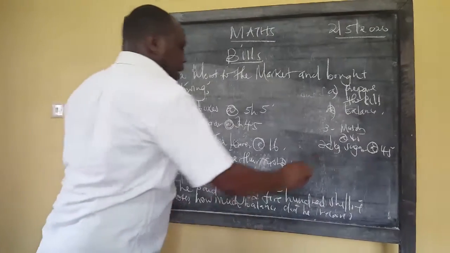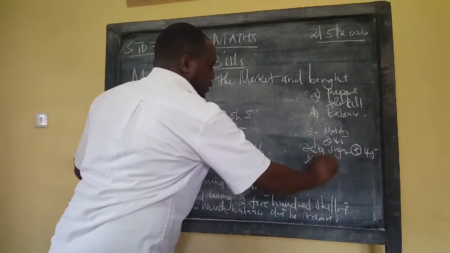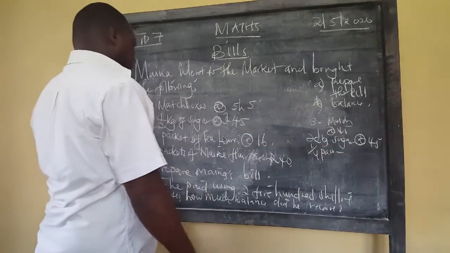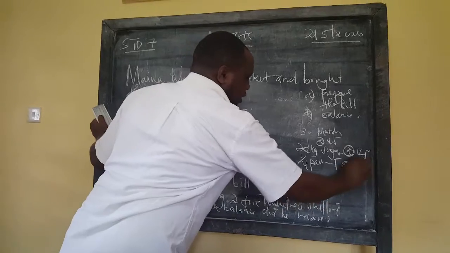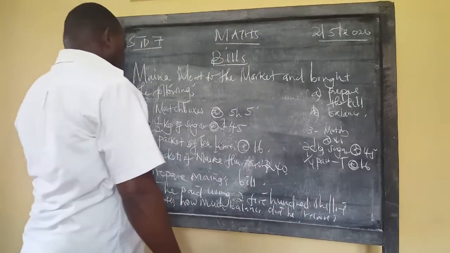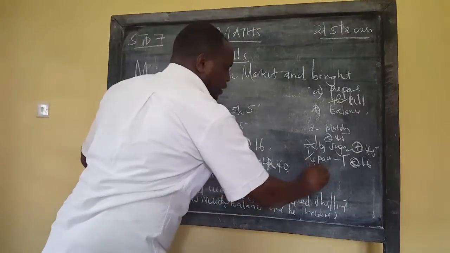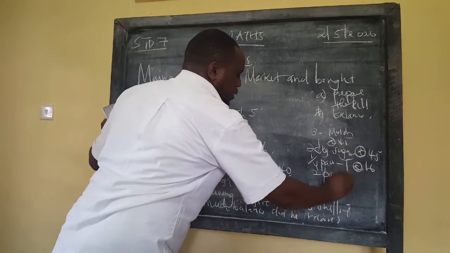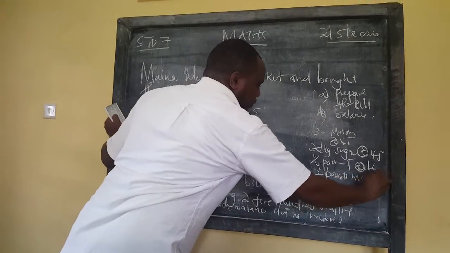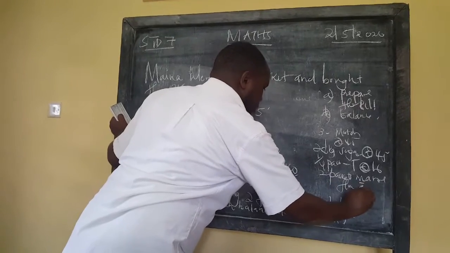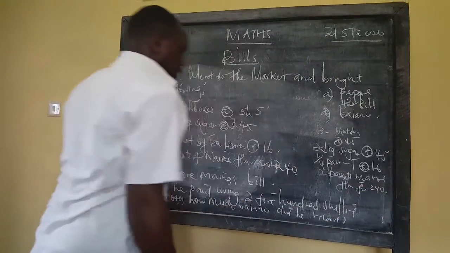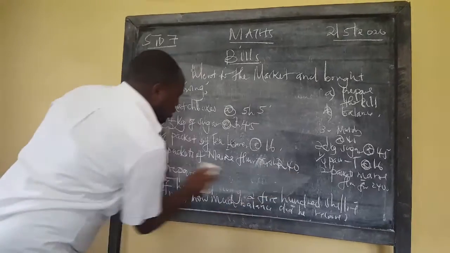Then we have a quarter packet of tea leaves at 16 shillings. Then 2 packets of maize flour for 240 shillings.